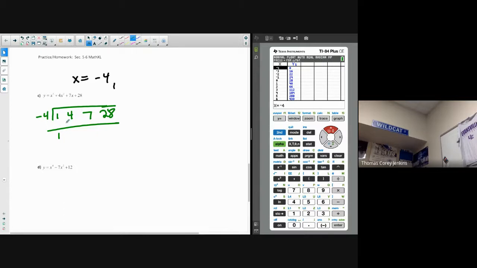So multiply there, we get -4. Add to get 0. Multiply to get 0. Add to get 7. Multiply to get -28. And then that remainder 0. So remember, another way that we can use synthetic, that's why they call it synthetic substitution, right, is what this tells us is, you know, you could say f of -4 is equal to 0. Okay, so that's why we know it's a 0.